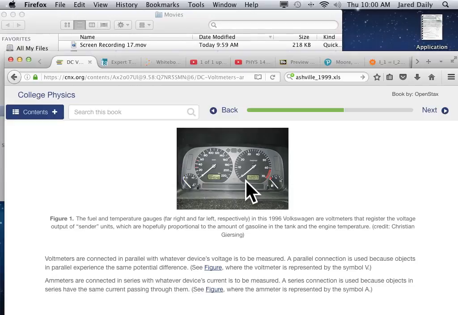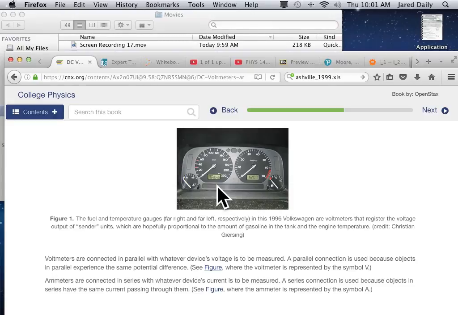All the dials in your car, for example, every single one of those is either a voltmeter or an ammeter. The battery one is obvious. If you have a battery indicator light in your car, it's obvious that that's a voltmeter because it's measuring volts, right? But if you don't have one of those, it's not so obvious. But all the rest of these are also just voltmeters and ammeters. There's no real difference, especially in new cars, because new cars mostly have digital odometers.